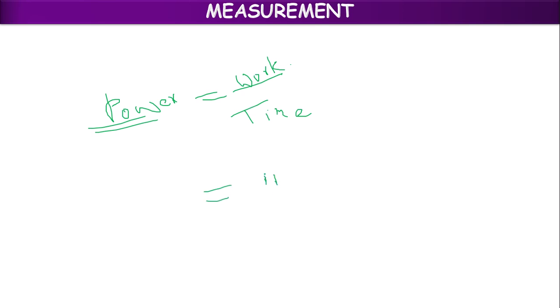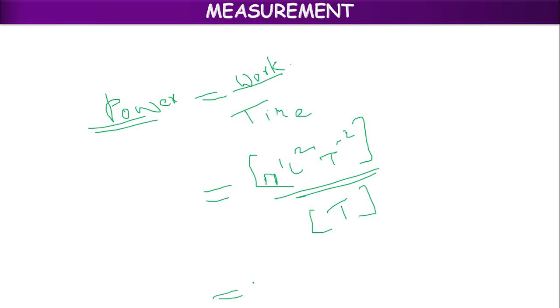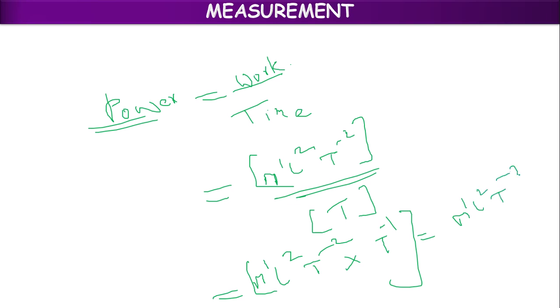Work dimensional formula we just calculated: M1 L2 T minus 2, by time dimensional formula T. If T goes upside, T power minus 1, which is equal to M1 L2 T minus 3.